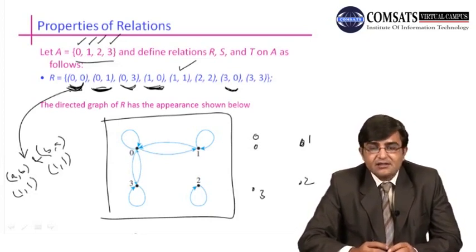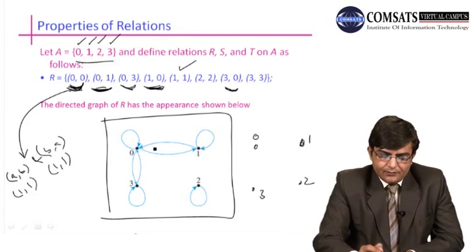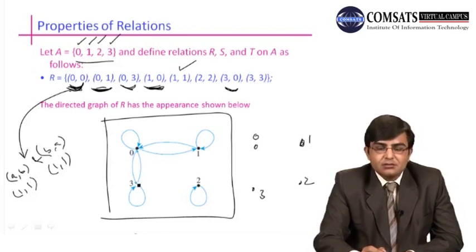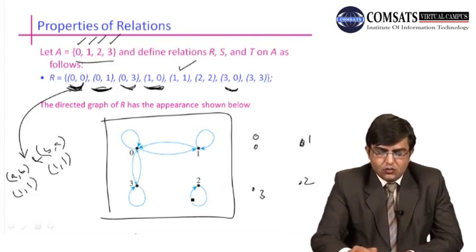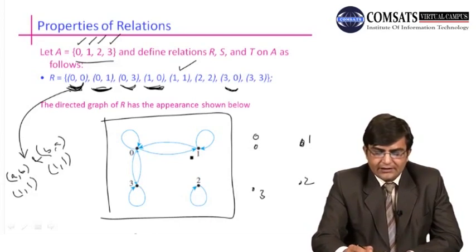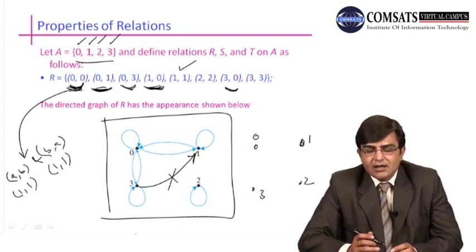Now we check whether this relation is transitive or not with the help of directed graphs. You can see that 3 is related to 0 and 0 is related to 1, but 3 is not related to 1, because there is no directed arrow from 3 to 1.